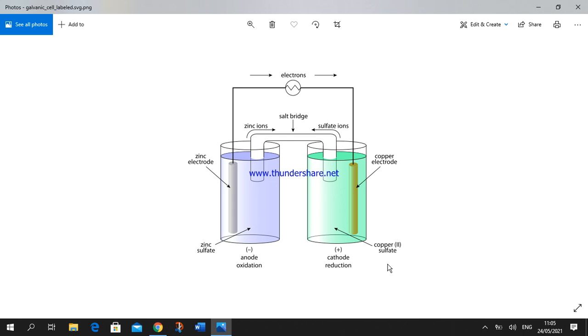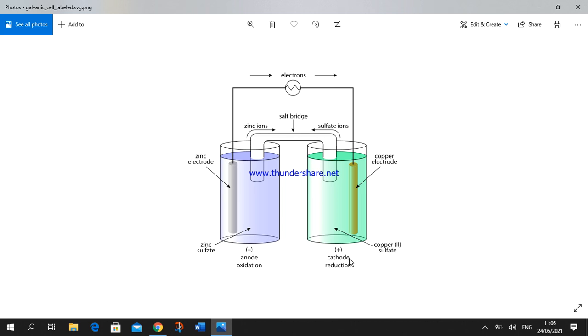So we have two chemical reactions occurring in the galvanic cell: reduction and oxidation. Reduction means, as we know, gaining of electrons, and this type of reaction occurs at the cathode. What happens at the cathode? The cathode is represented by the copper rod, the positive pole in the galvanic cell.